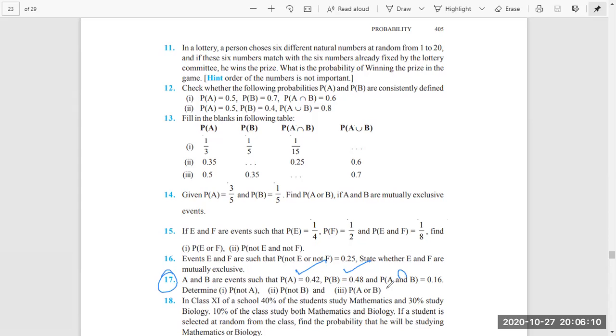What is the probability of not B? 0.52. And the probability of A or B?